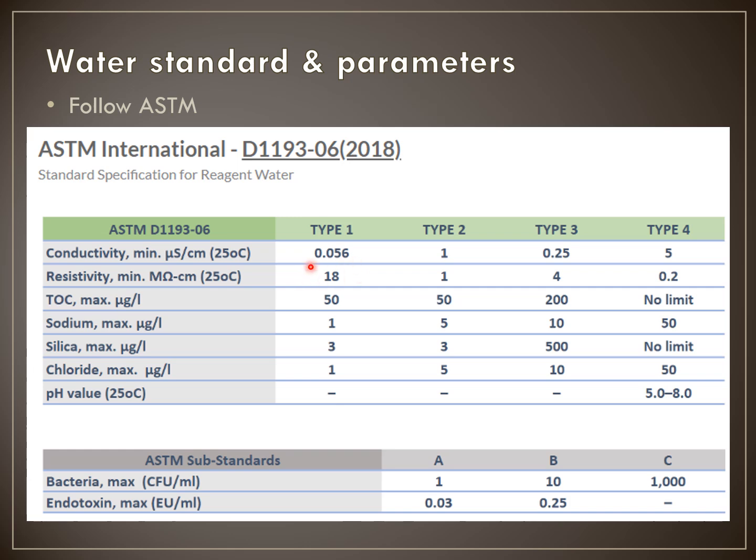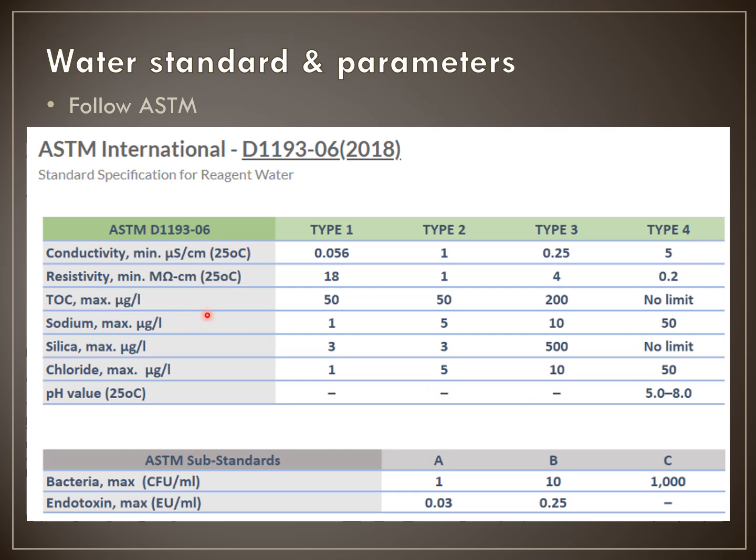You pay attention to the resistivity or the conductivity parameters, whether it's still in the range of the water type you require. If it has gone over the range of your required type, you have to renew your filling materials.